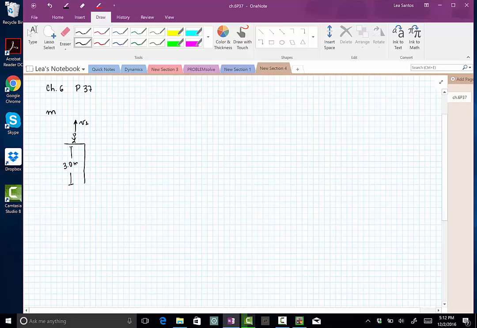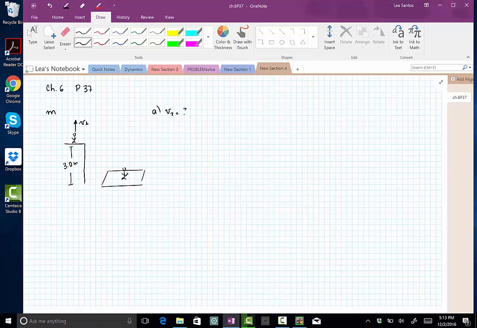So the first one is, how fast is the artist going as he lands on the trampoline 3 meters below? So we want to know the speed v2, the speed that this person has when he just reaches the trampoline. We are going to use conservation of energy to solve this problem.